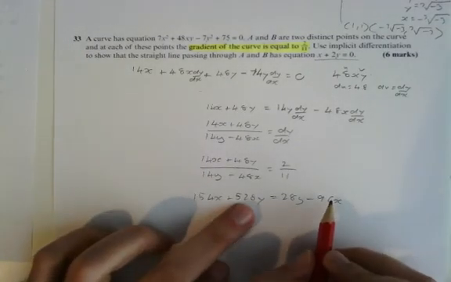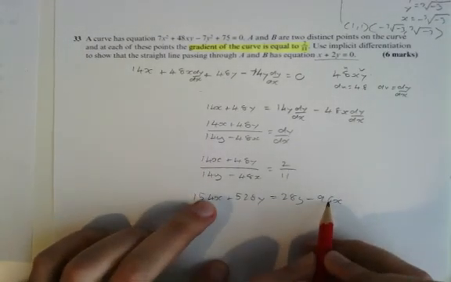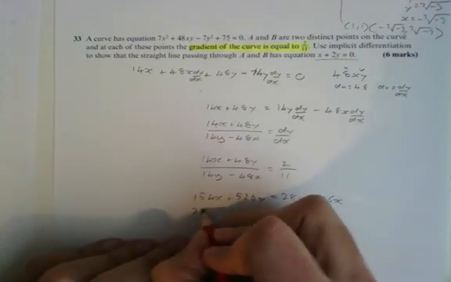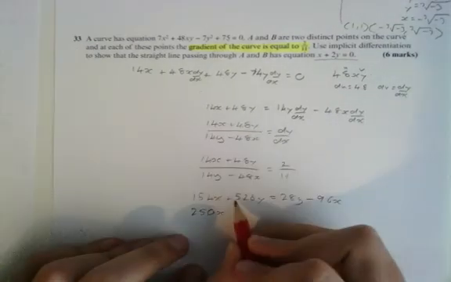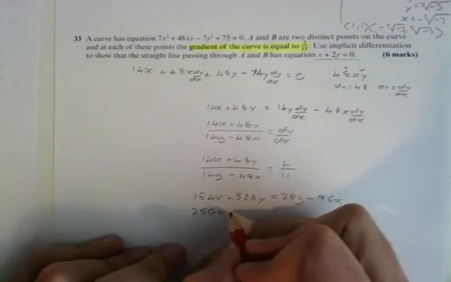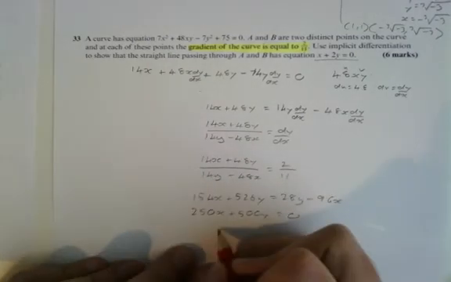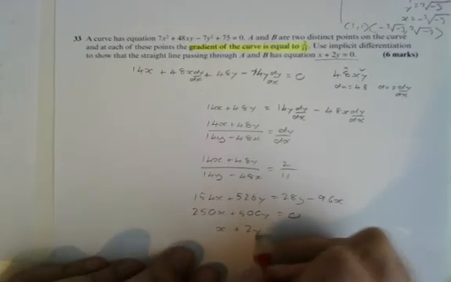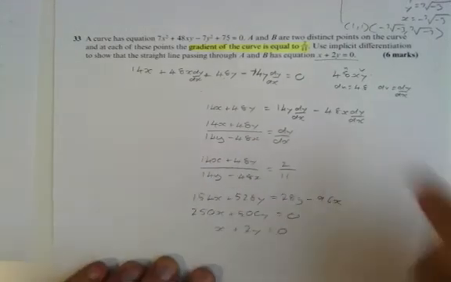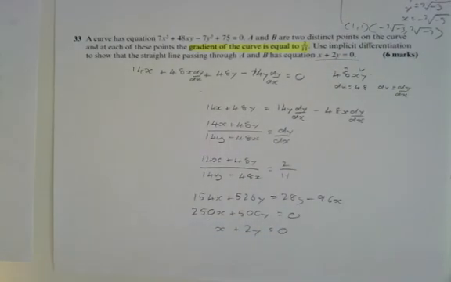If we bring all this onto one side, this is going to give me 154x plus 96x, which is 250x. 528y minus 28y is 500y. And then simplify that, will be x, add 2y equals 0, and that was what we were trying to get to. Okay, so well done if you managed to get that one right.